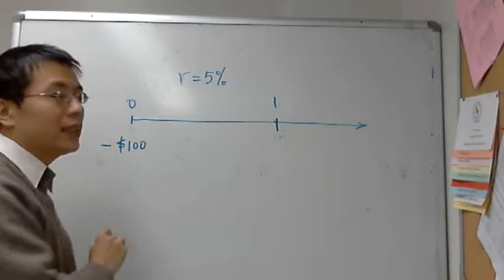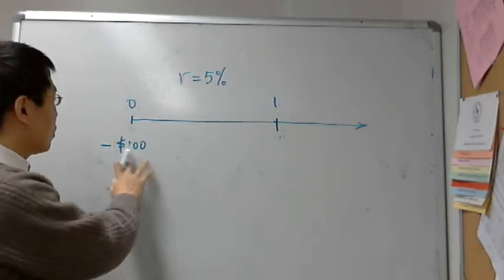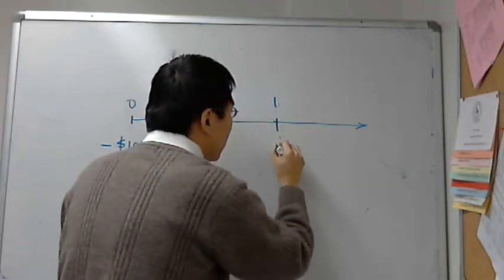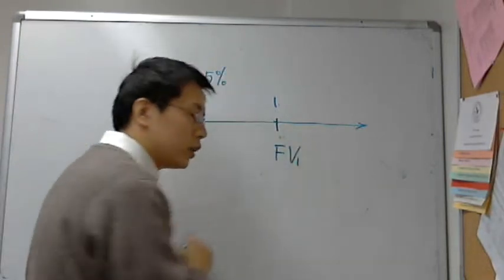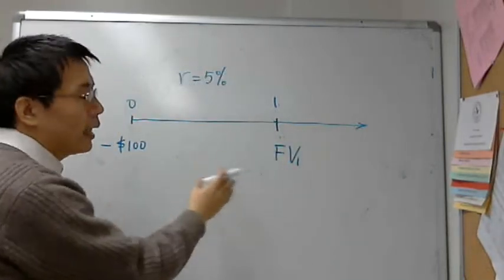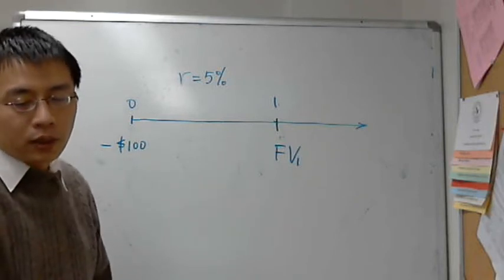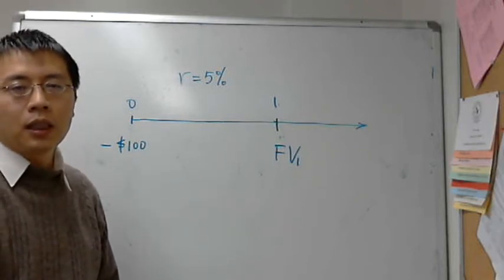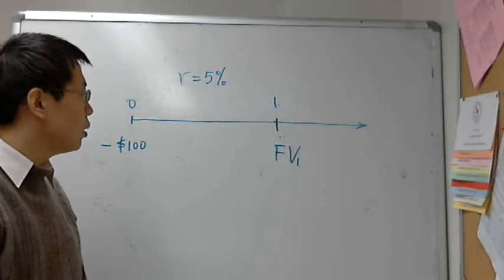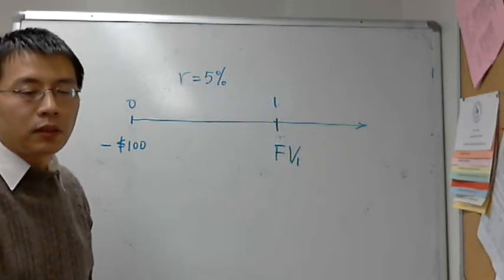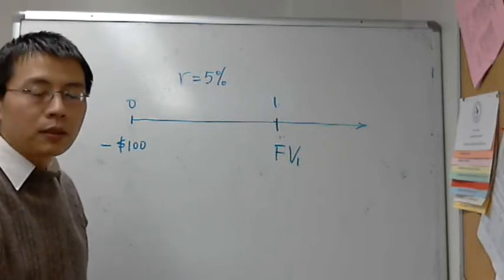So we put a negative sign in front of it. We want to know the account's balance. We know the account's balance at the end of the investment period is called future value.